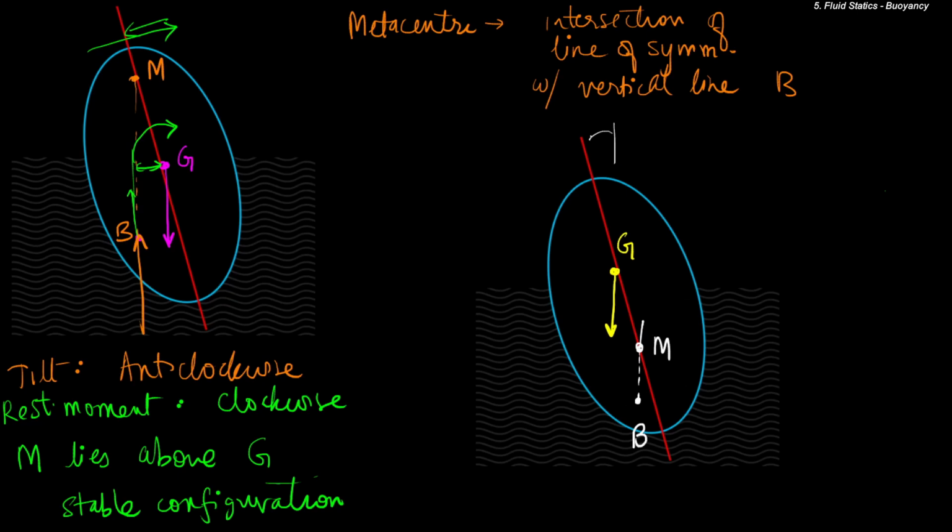Now we have disturbed it in the same anti-clockwise direction, but now the restoring force is, so this is going to be the direction of the force acting at point B. So this is going to be the direction of FB, and FB is trying to rotate it like this. So the restoring moment direction, actually it's not the restoring moment, the moment direction is also anti-clockwise.